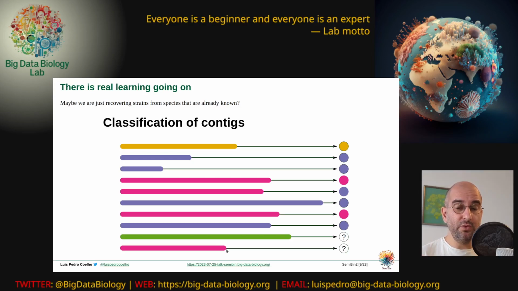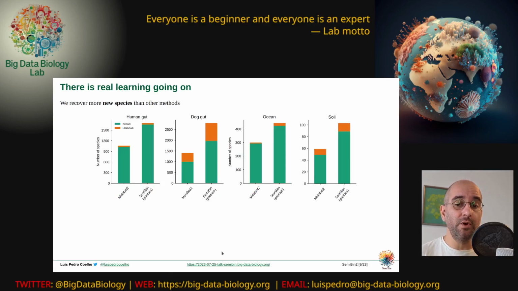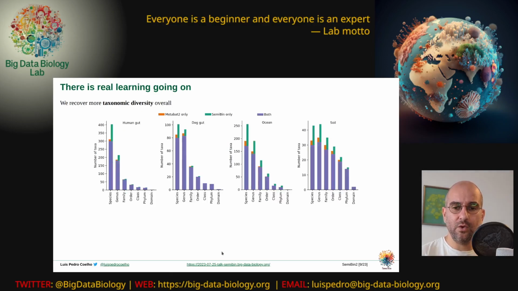It would be a big step, but maybe we're just doing a lot better at recovering these new magenta strains, and not really learning about new species. But we do learn more species than other methods, and actually across different taxonomic levels. So here, the green bar is the species and genera that are learned only by our methods, and you can see that we regularly do better.